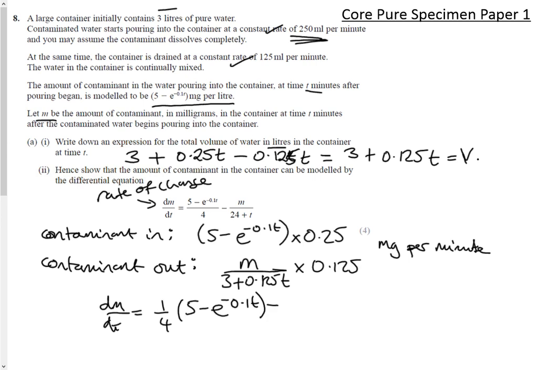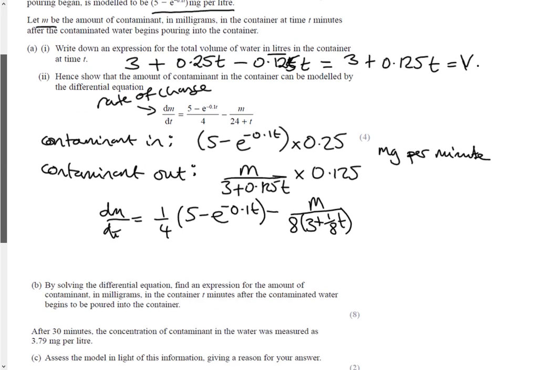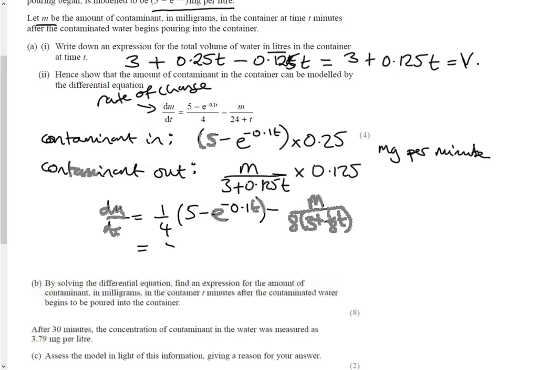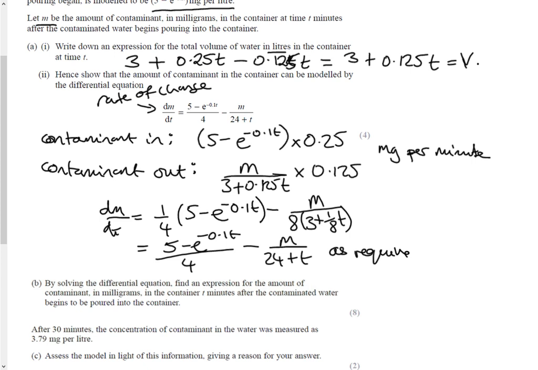So if I change 0.125 to an eighth, okay, and then I can just simplify this expression. So that's 5 minus E, which is what they were looking for.